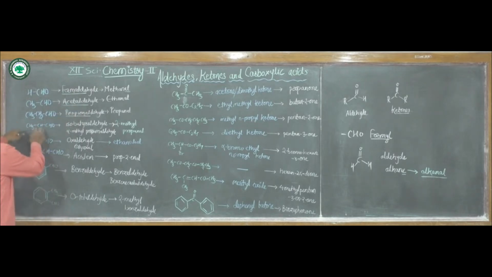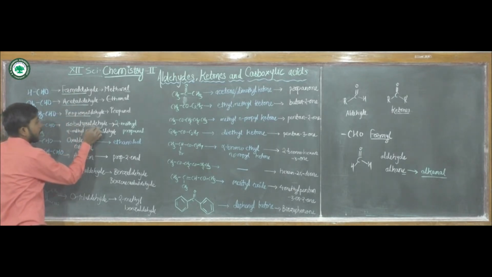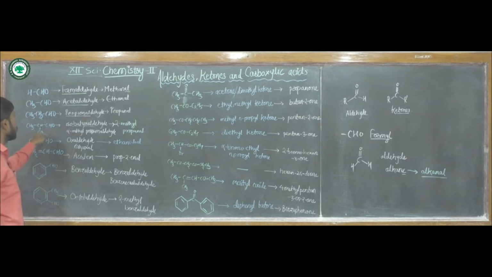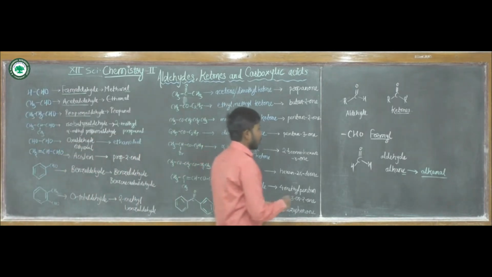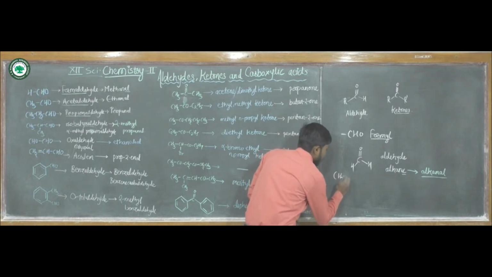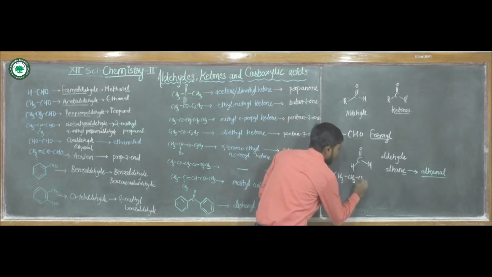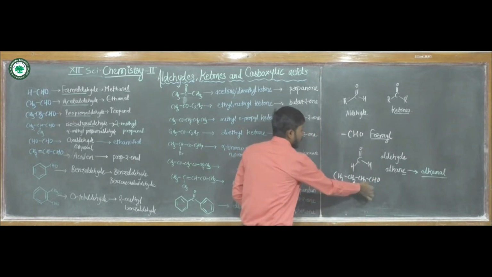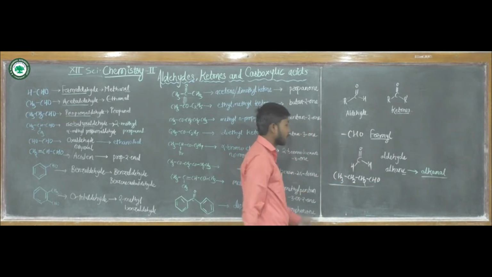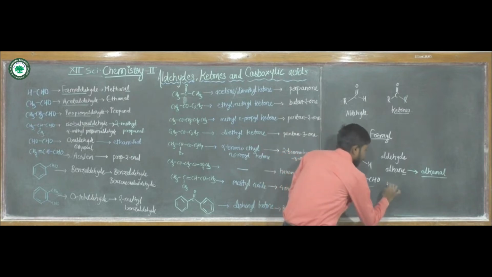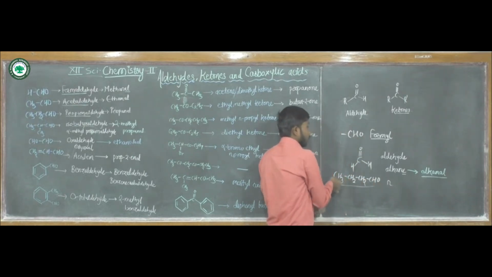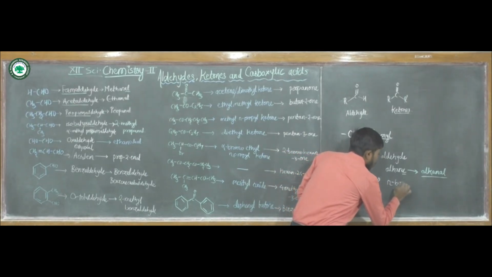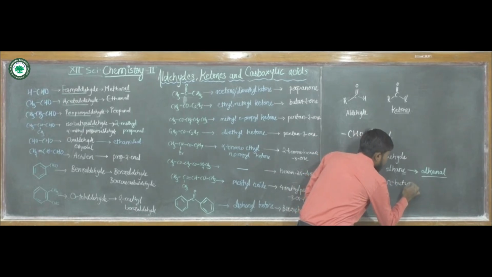In the next example, butyraldehyde. In the straight chain example, CH3, CH2, CH2, CHO, this is a normal chain, so we can name it with an n. With 1, 2, 3, 4 carbon atoms, it is n-butyraldehyde.